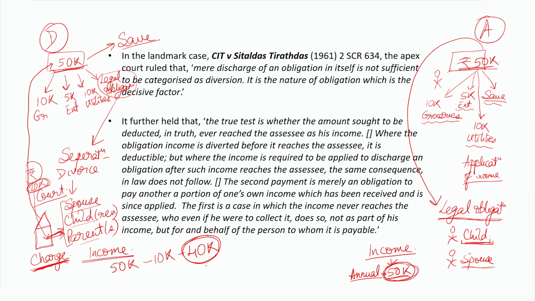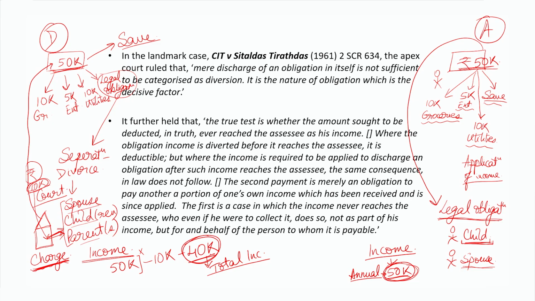And the income that we are going to look at for the purposes of taxation is going to be 40,000 and not 50,000, okay? So we are no longer going to tax you on the amount of 50,000 but rather on 40,000.